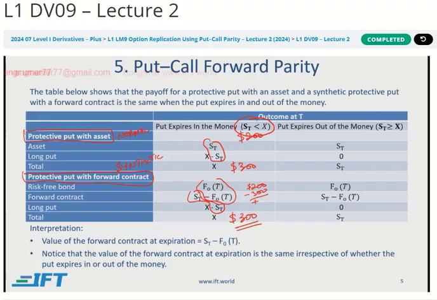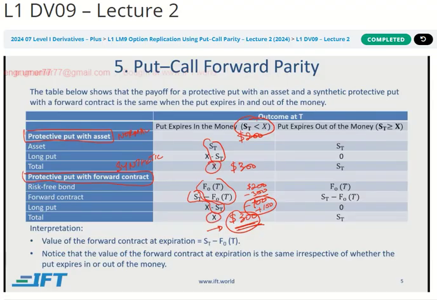But this loss of 100 is going to be countered with the gain of 100 from your put option, because you have the right to sell at 300 and the asset would have fallen to 200. So this 100 will be offset by that 100, and what you will have is a payoff of 300 from your protective put.